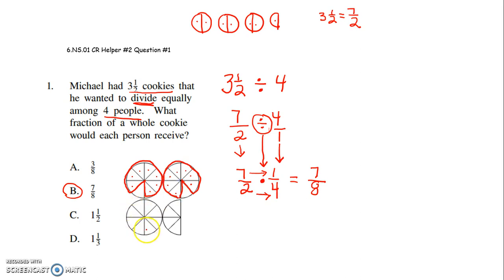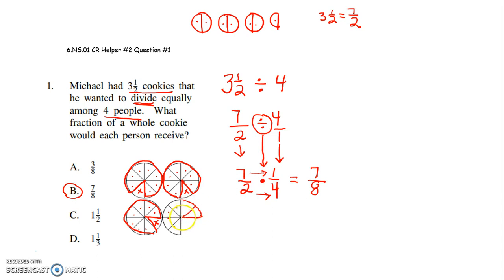A third friend got 1, 2, 3, 4, 5, 6, 7/8 of a cookie. There's the third grouping. And your last friend got 1, 2, 3, 4, 5, 6, 7/8 of a cookie. So if we took this little eighth here, this little eighth here, this little eighth here, it's going to be ugly.